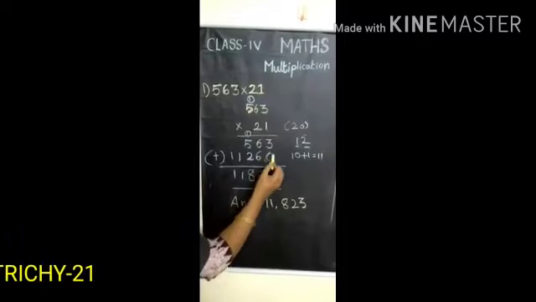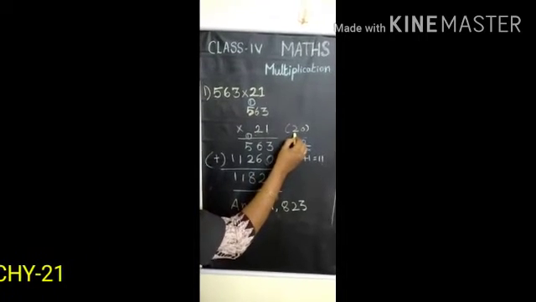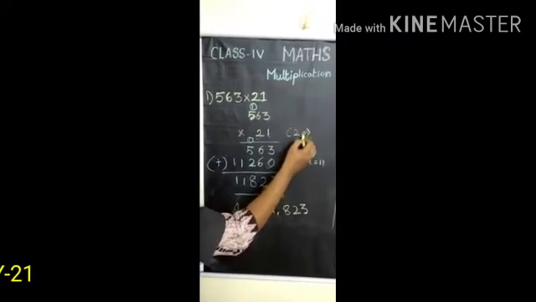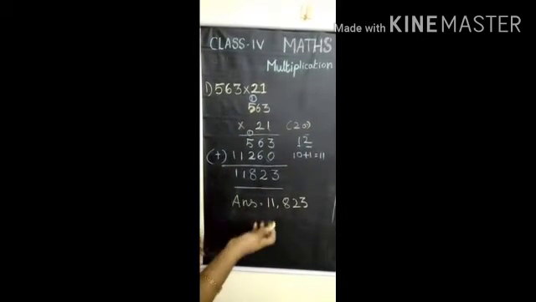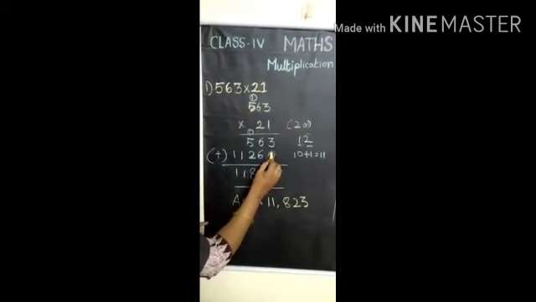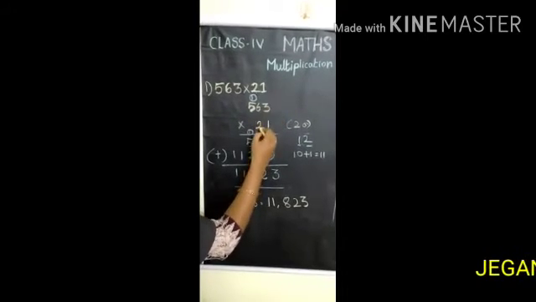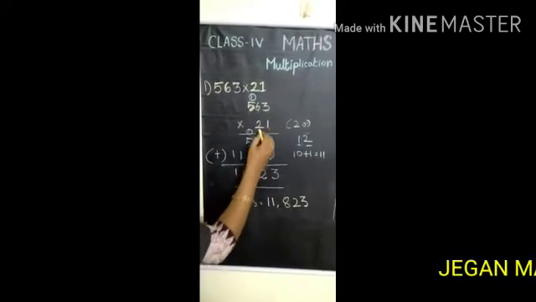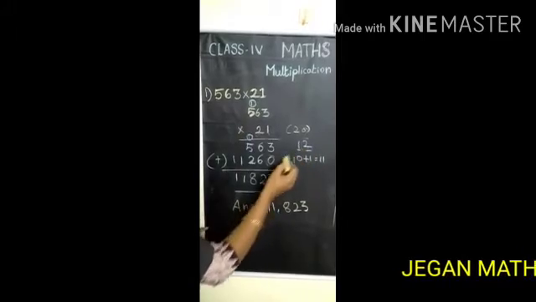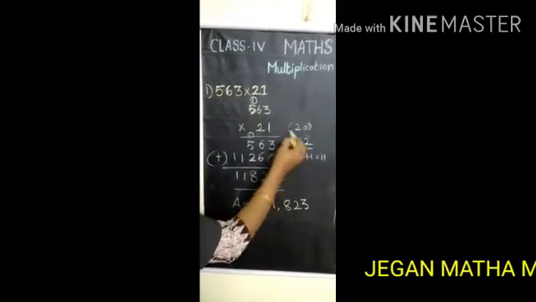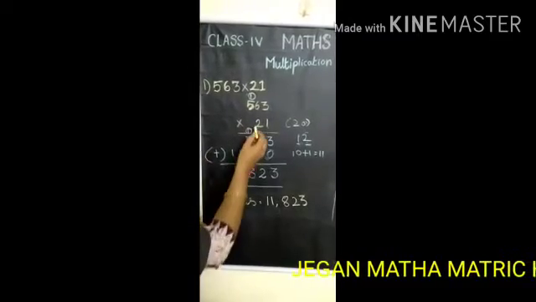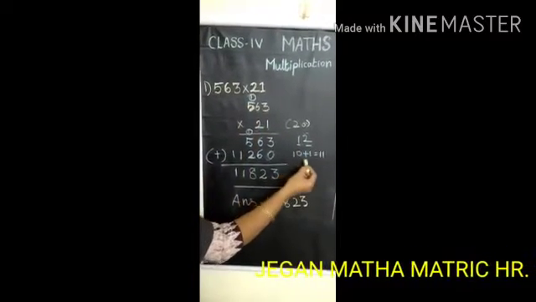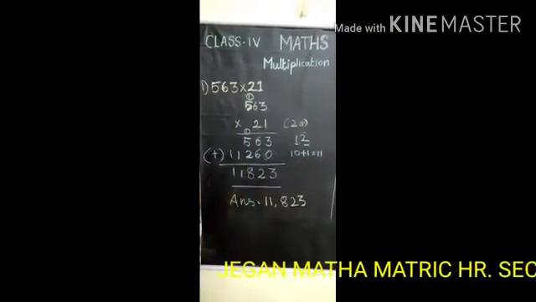First write 0, because 2 in the tens place is 20, and 0 multiplied with any number gives 0. Then 2 3s are 6, 6 2s are 12. So write 2. The balance 1 carry over at the top to the next number. Then 5 2s are 10, 10 plus 1 is 11. Write 11.